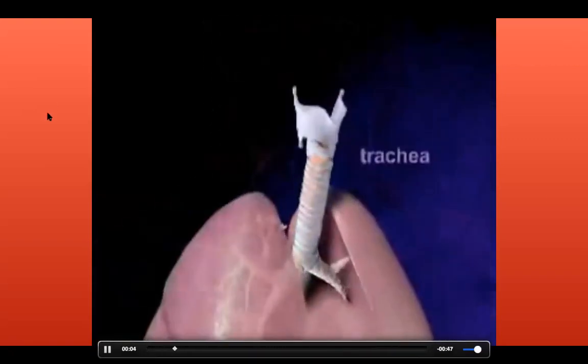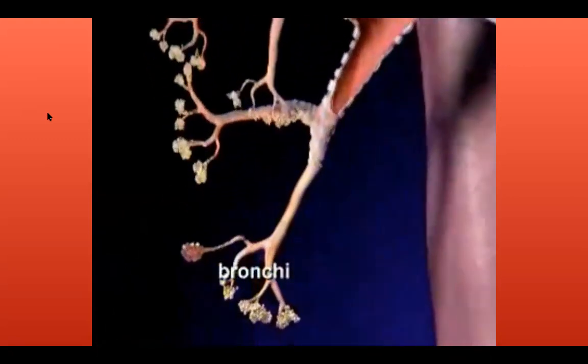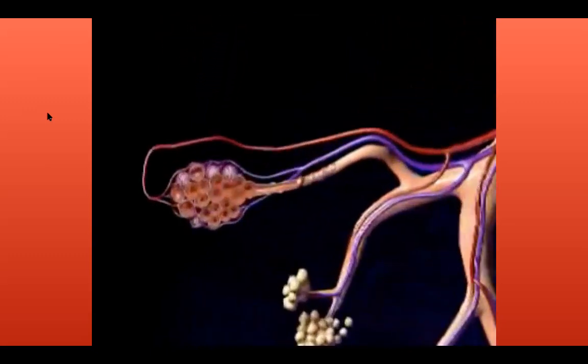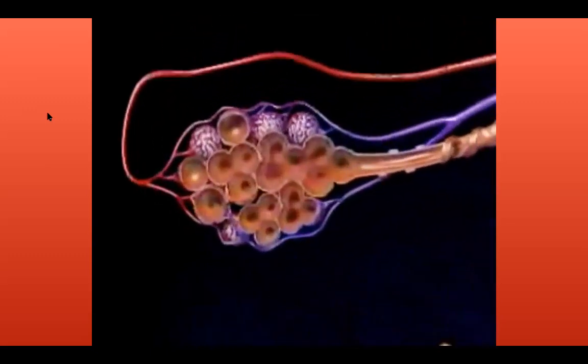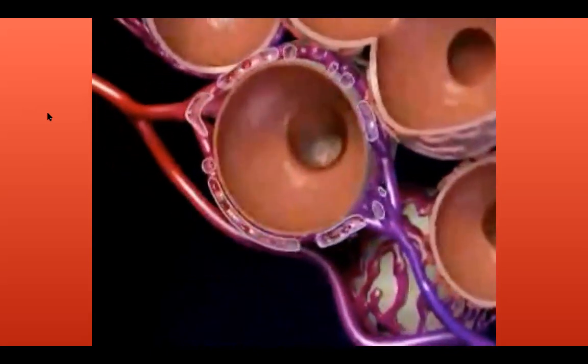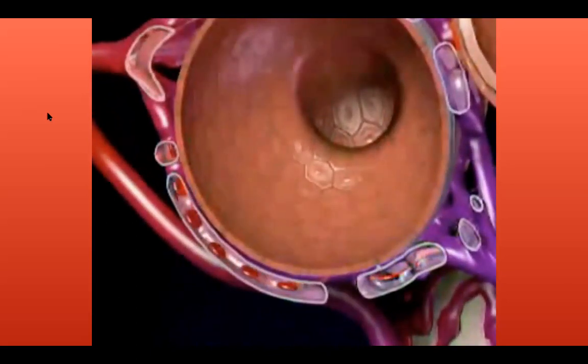When you breathe, air travels through your nose, down the trachea, and into smaller and smaller airways called bronchi. These bronchi branch into smaller passages called bronchioles, and finally into small, thin, fragile sacs called alveoli. During inspiration, the alveoli in the lungs are filled with air. It is here that oxygen is exchanged for carbon dioxide.